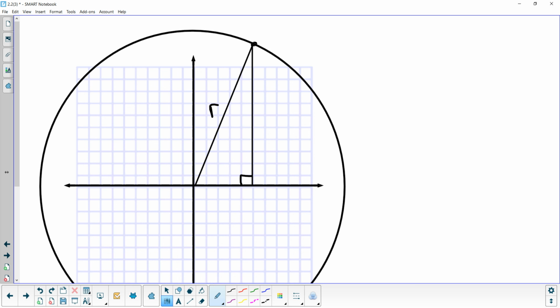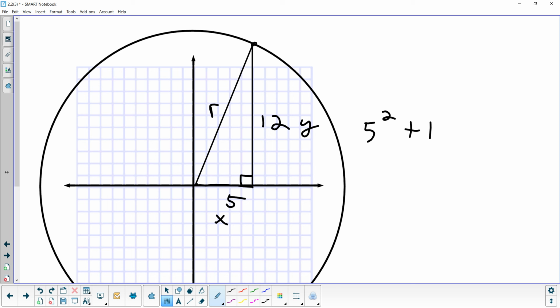Pythagorean theorem. How long is the bottom side? 5. 1, 2, 3, 4, 5. And how tall is it? 12. So this is going to be your x when you do the formula, and this is going to be your y. And now we just need to find r using Pythagorean theorem.